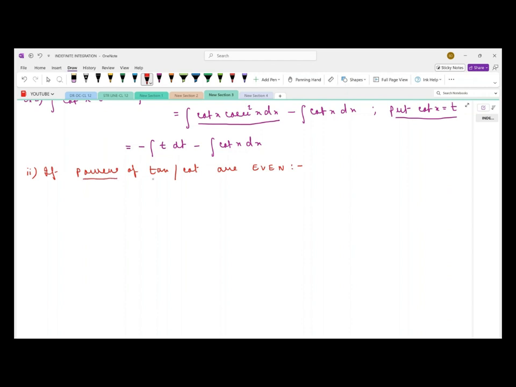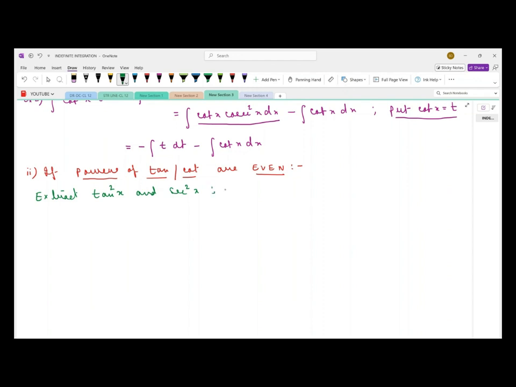So powers of tan or cot, even. So what do we do? In this case, extract tan x sec x. If it is even, then you extract tan square x and sec square x.